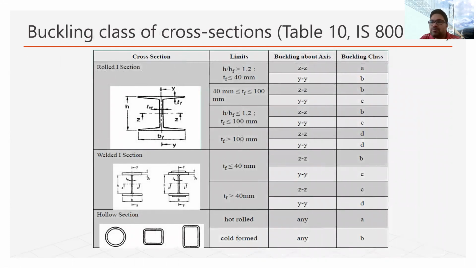Now coming to the buckling class: how do we classify a particular section as belonging to buckling class Z, or A, B, C? In this case, if we use an I section, in the diagram you can see this is the y-axis and this is the z-axis. For example, this is a compression member.